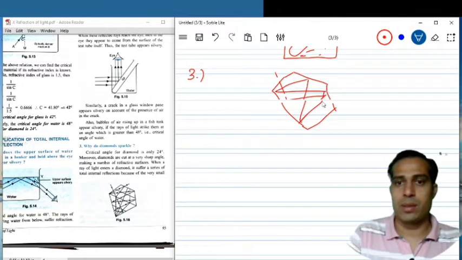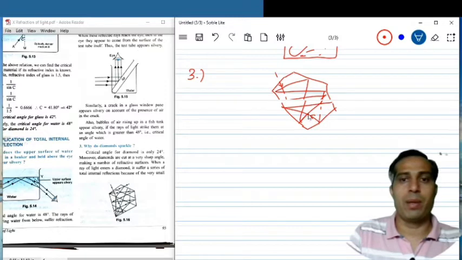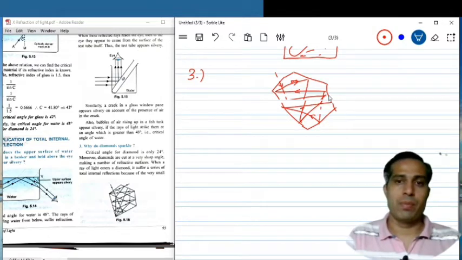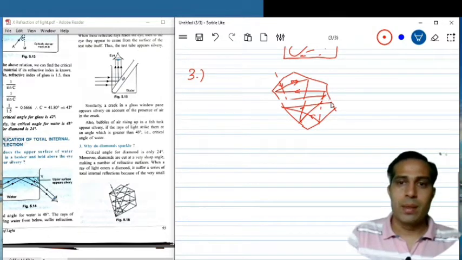The ray which is entering inside suffers multiple reflections due to the cutting. The cutting of the diamond is done in such a way that it is suffering the maximum reflection inside.